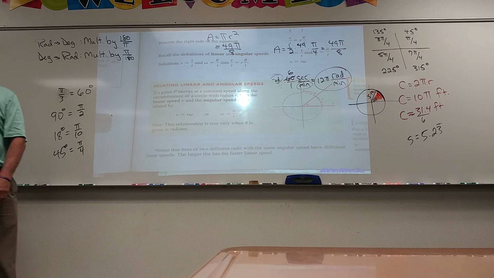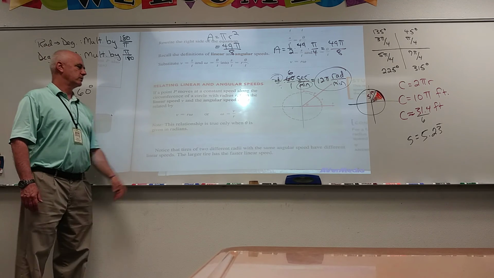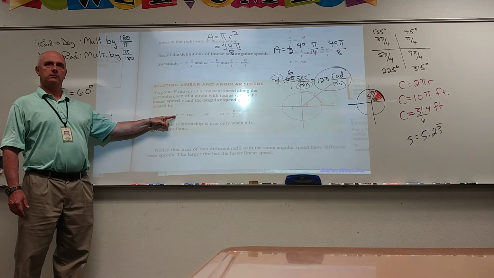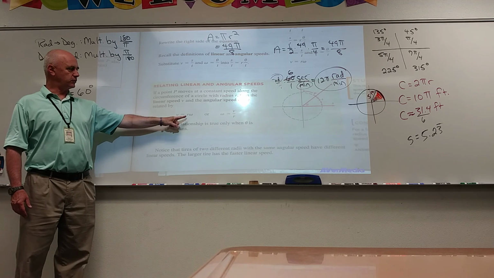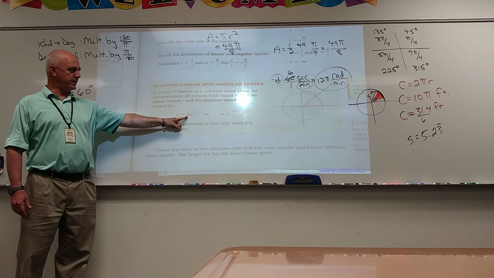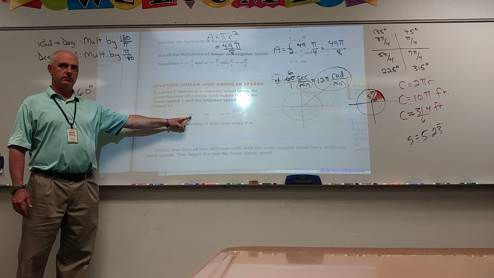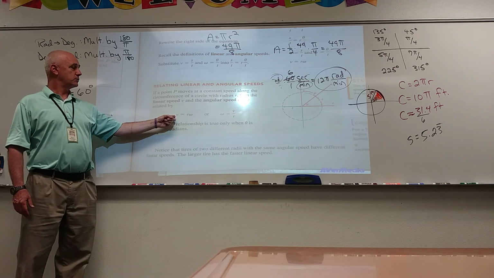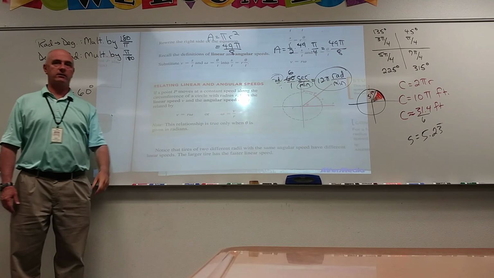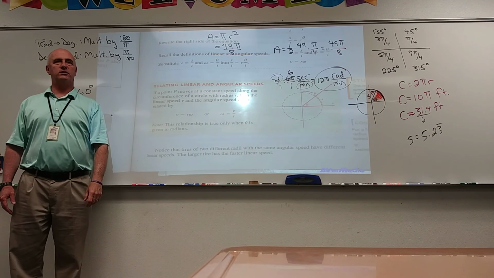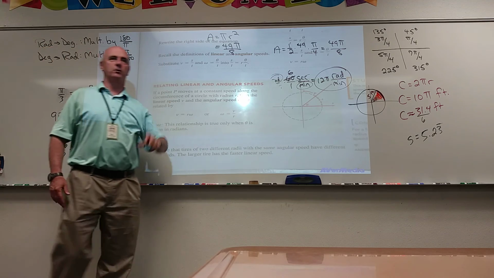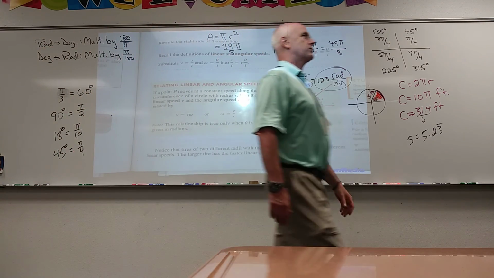And it would be so much easier to just remember that V, also known as linear speed, is equal to the radius times omega, which is angular speed. So linear speed is equal to radius times angular speed. Wow, that's so much easier than the way I usually end up doing it. I usually end up having like 4 or 5 things multiplied together, and I'm like, it has to be easier than this.